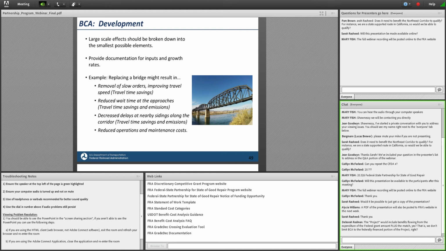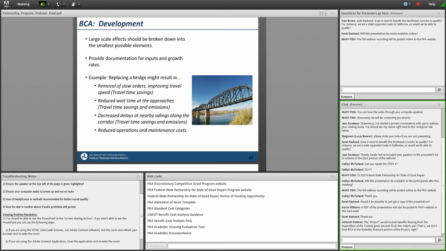The math that you do at the end is important, but making sure you get the effects right, the magnitude of the effects right, what direction those effects are going to go, is really going to have an impact on how well we rate your benefit cost analysis.